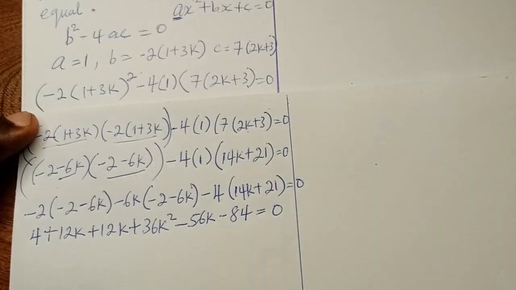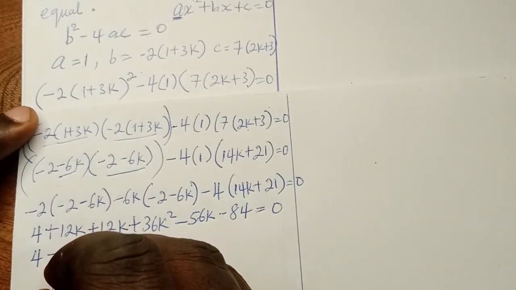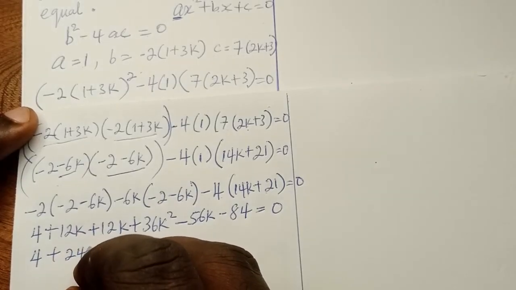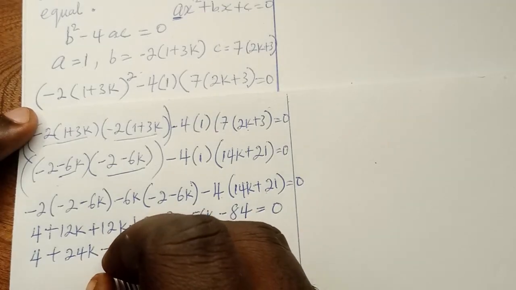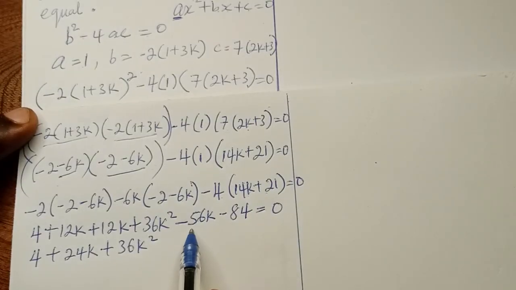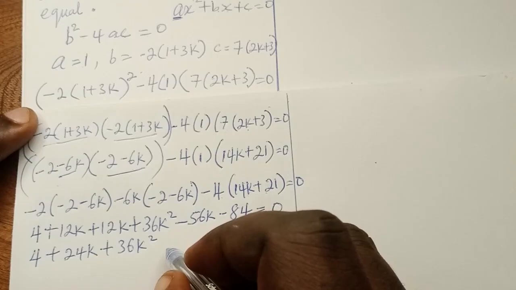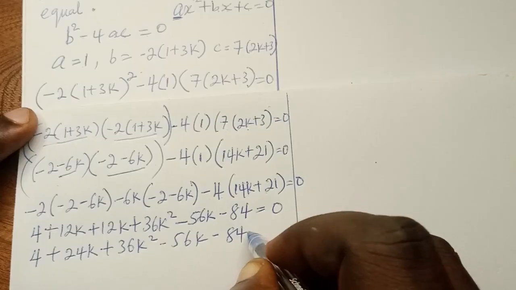We now have this expression. Let's rearrange. We have plus 4, 12k plus 12k is plus 24k, plus 36k square, minus 56k, minus 84 is equal to 0.